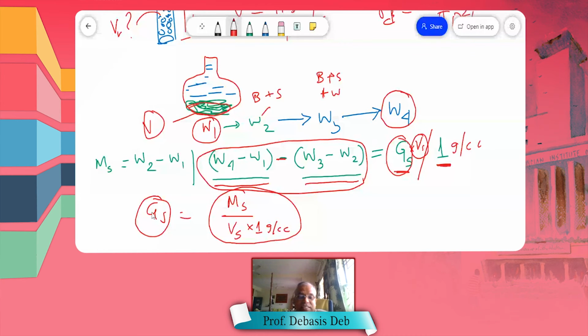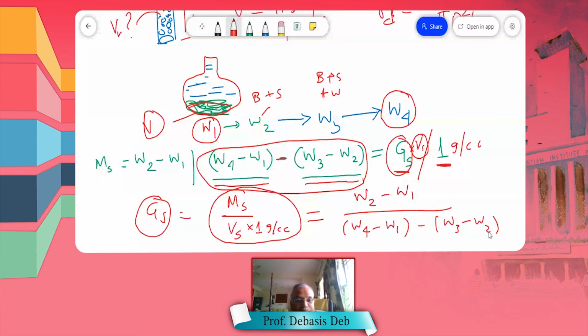And since it's 1 gram per cc, if you are measuring volume in cc and mass in gram, then it's directly W2 minus W1 divided by this entire thing, W4 minus W1 minus W3 minus W2. This directly will give you the Gs.